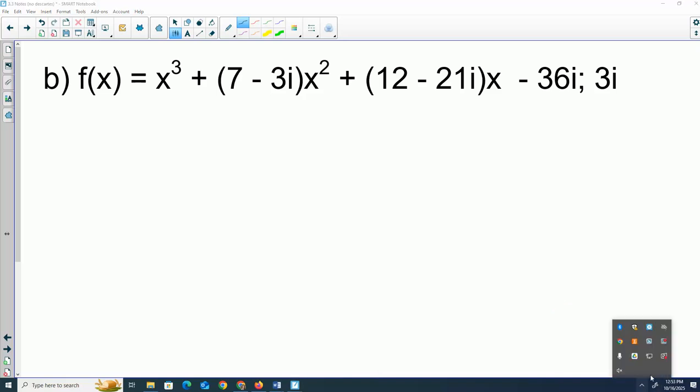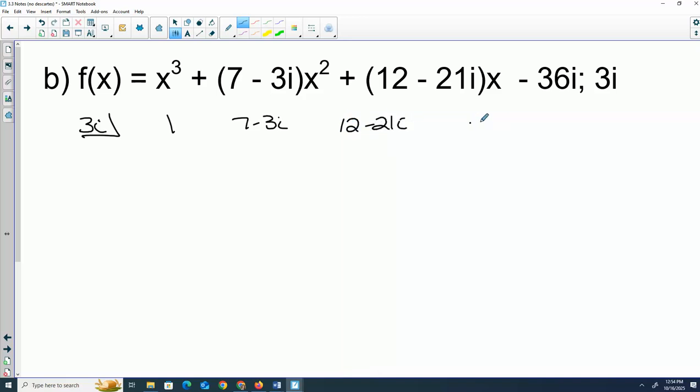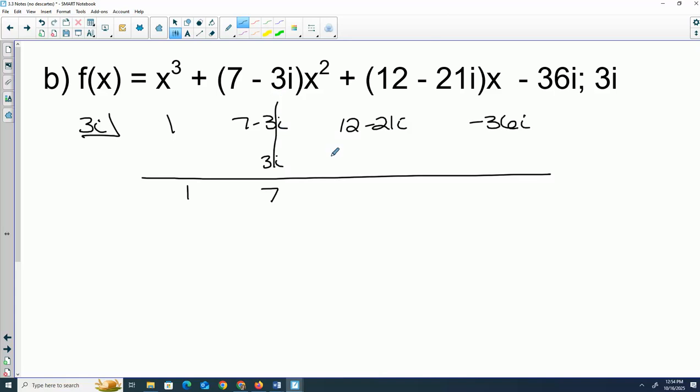Alright, you guys try this one. Did you guys have x squared plus 7x plus 12 after this and then?